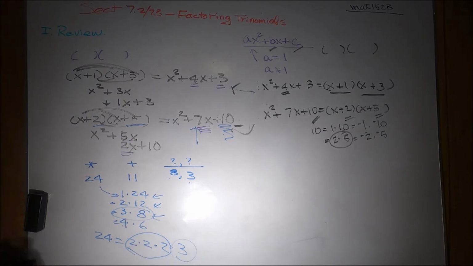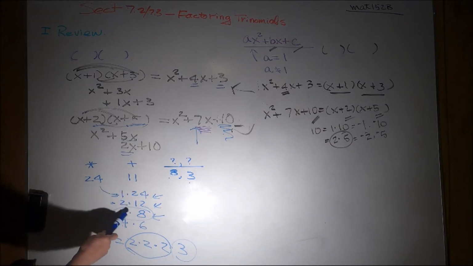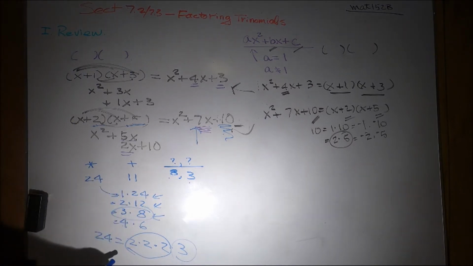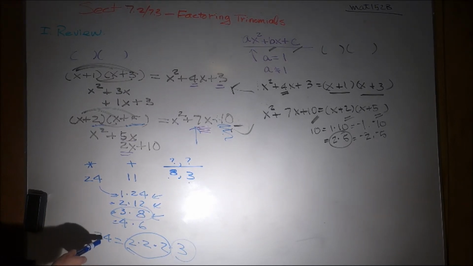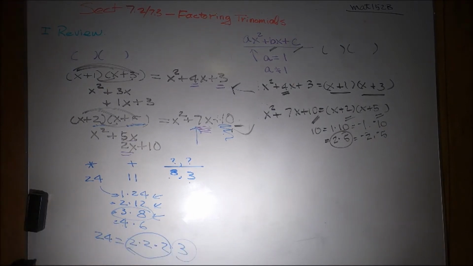That's how you use this method, either by finding a pair and analyzing all the pairs, or you can analyze what's inside of 24 with all the basic elements, the building blocks, the primes. Then you separate them into two parts.